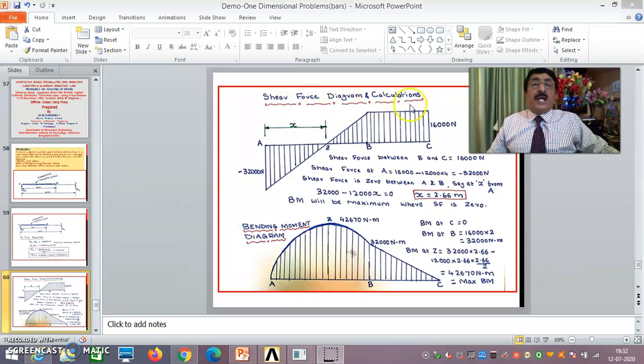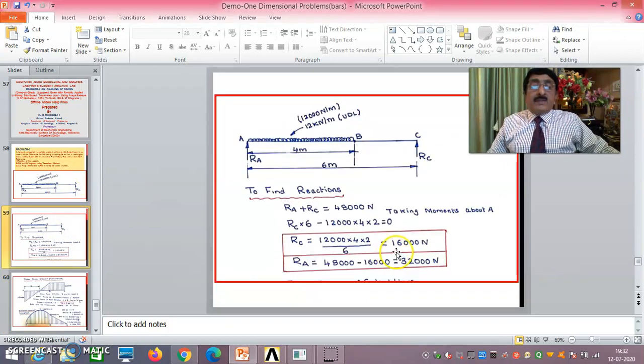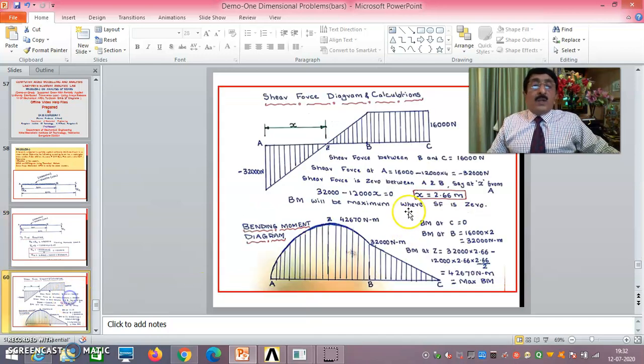Now, shear force diagram and calculations. See here, this is RC, which you just now determined. RC is 16,000 upwards, and upwards we'll take as positive.